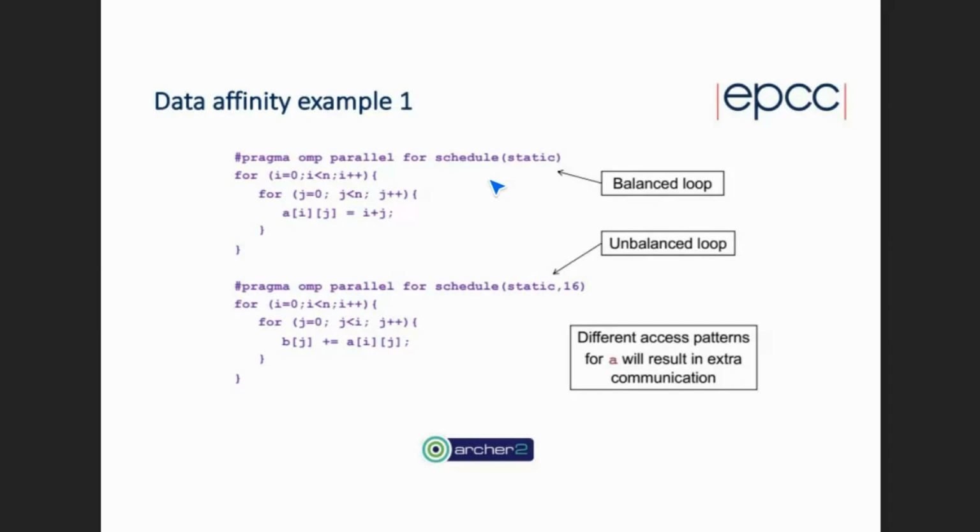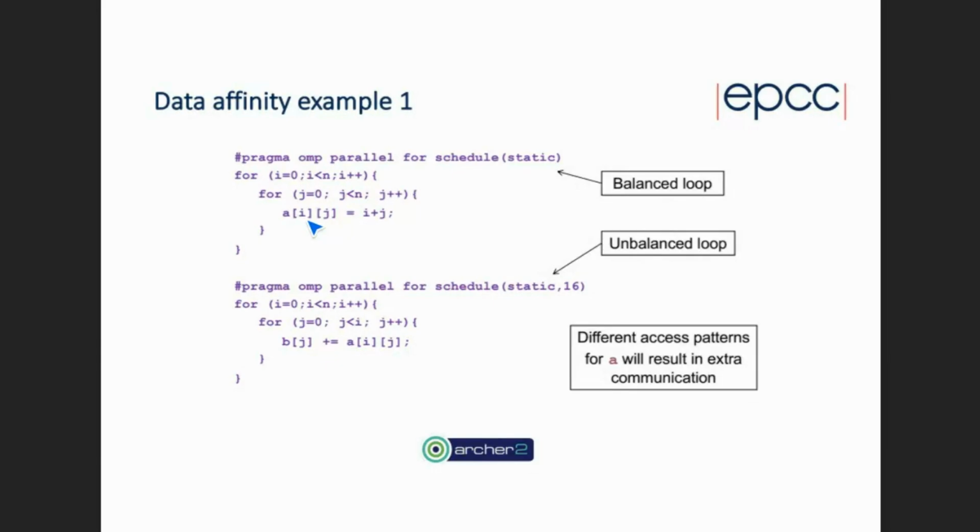And then let's think about what's going to happen here in terms of the accesses to A[i][j]. The problem here is that for the most part, for a given value of i and j, because of the different schedules, the thread that reads A[i][j] here is not the same thread that wrote it in this loop.